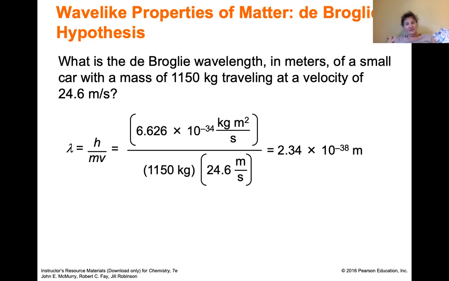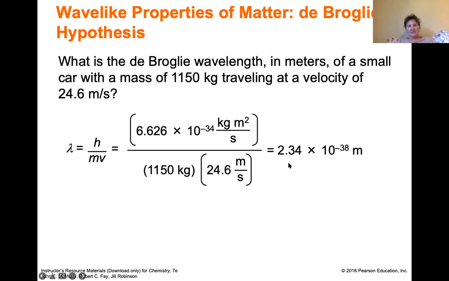So if you look at the numerator, if you take joules times seconds, you'd have kilograms meters squared per second squared times seconds. And so one of those seconds, numerator and denominator, would cancel. And so in the numerator, you end up with kilograms meters squared per second. So if you put the mass in kilograms, the speed in meters per second, everything's going to cancel and you'll get a wavelength in meters.